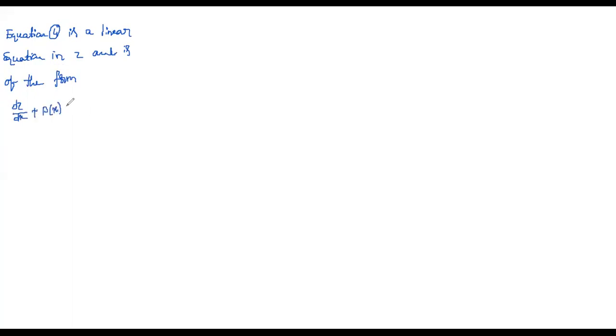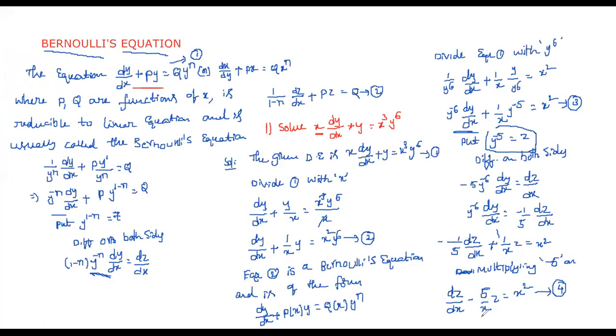So equation 4 is a linear differential equation in terms of z, and is of the form dz by dx plus p of x into z is equal to q of x, where p of x is, from equation 4, minus 5 by x, and q of x is x squared.